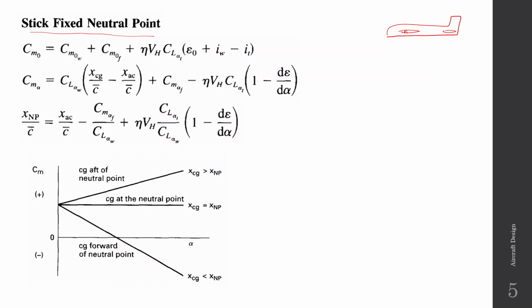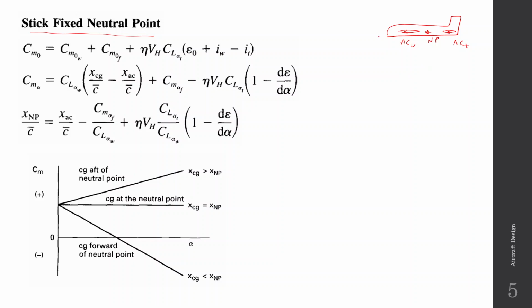The wing has an aerodynamic center, the tail has an aerodynamic center, and the neutral point is conceptually the overall aerodynamic center of the aircraft. Why is the neutral point important? Another definition of the neutral point is that it is the point where the aircraft is neutrally stable at any angle of attack.